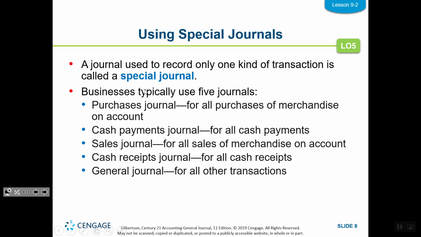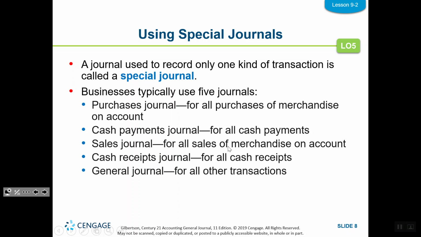Now, a journal used to record only one kind of transaction is called a special journal. Usually there are five different journals. You have your purchases journal, for all purchases of merchandise on account. So anytime we buy merchandise on account, nothing else, it goes into purchases. We have our cash payments journal, for anytime we pay cash for anything.